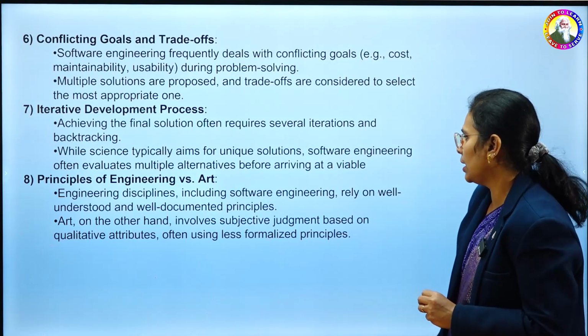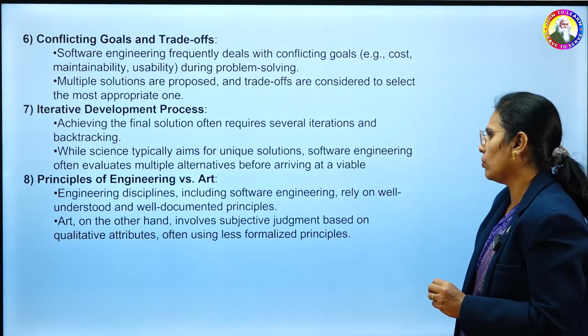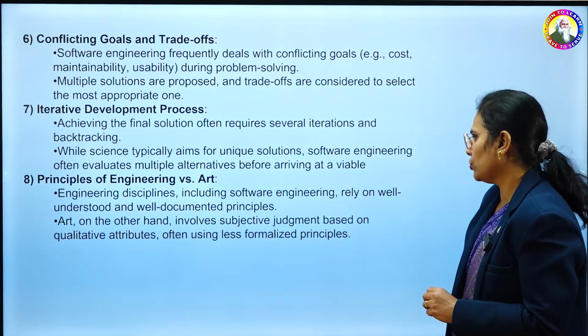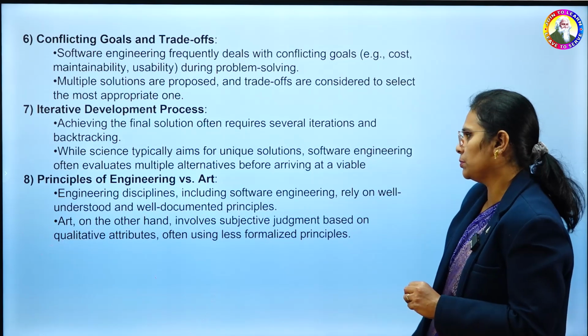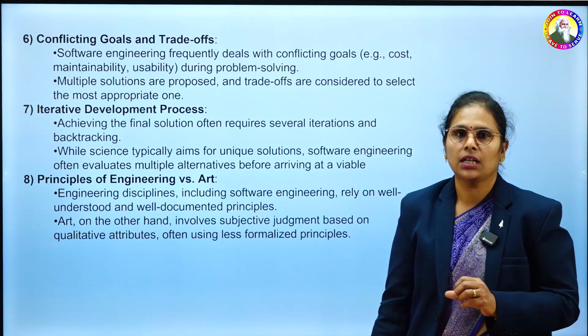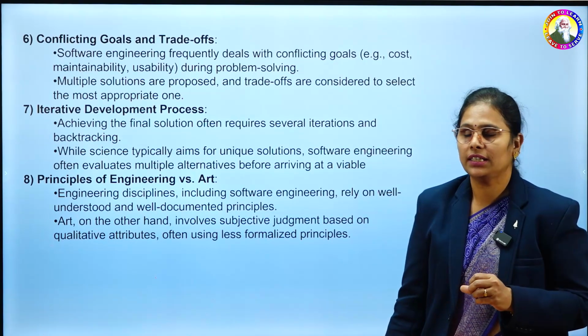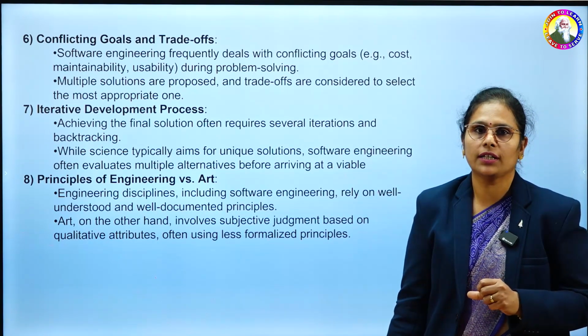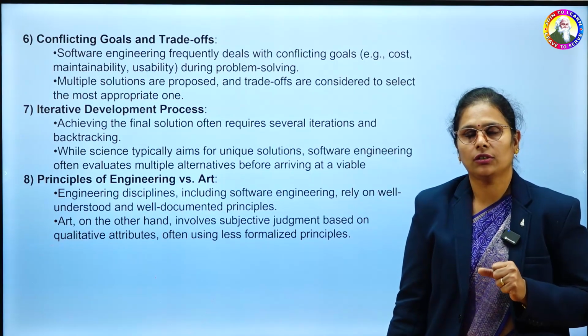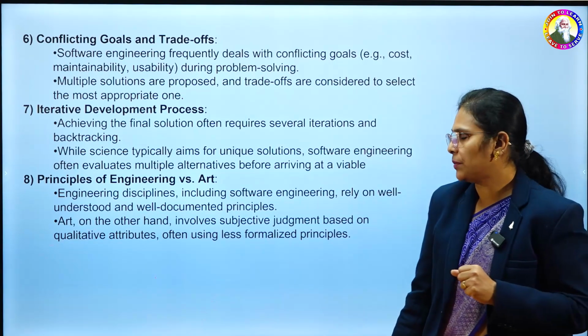Then art, on the other hand, is subject to judgment on qualitative attributes, often using less formalized principles. When I'm talking about art, it doesn't involve any technicality. It's all about our ancestors, who got their knowledge from past experience.